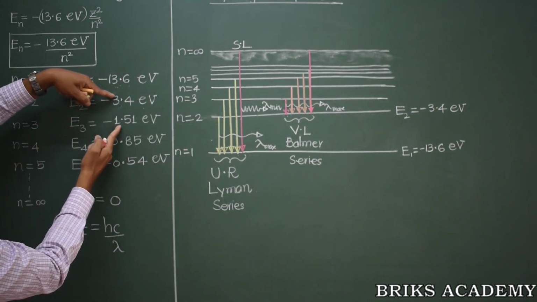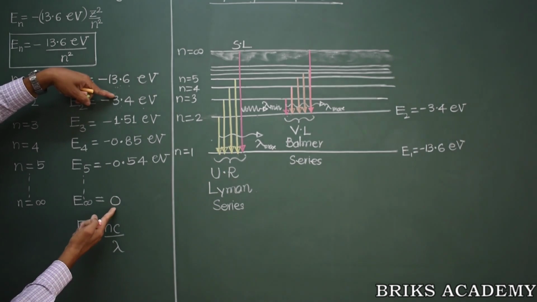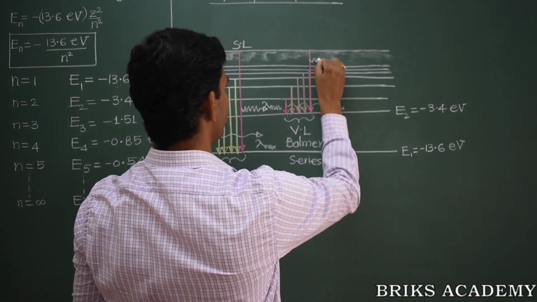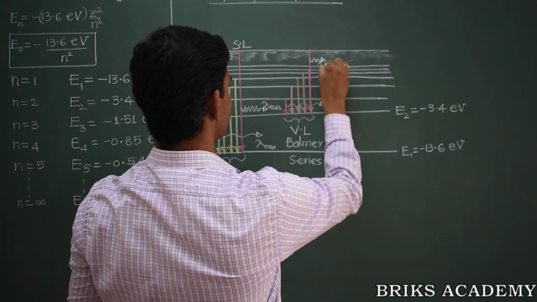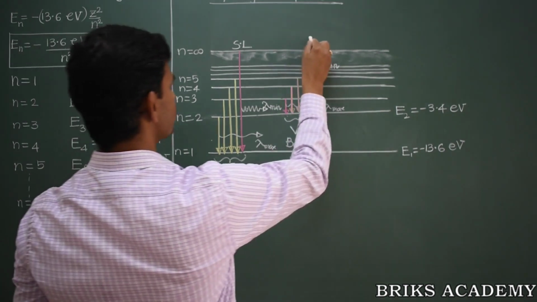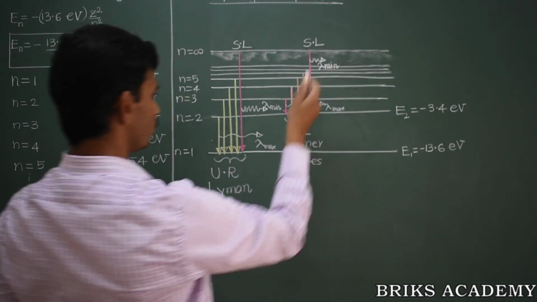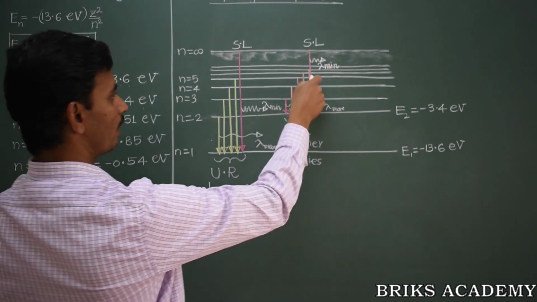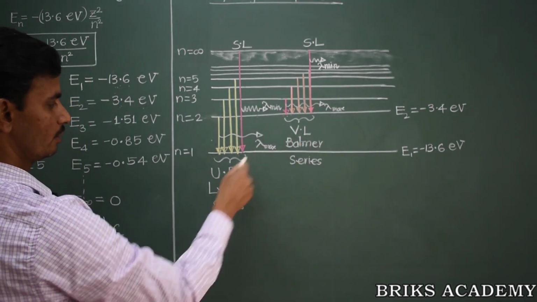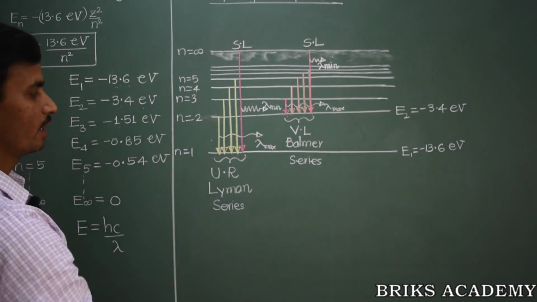So 2 electron volt is smaller, 3.4 electron volt is larger. The larger energy means a smaller wavelength. We call this lambda minimum. Any lambda minimum of a series is again called the series limit. So you have a maximum wavelength and a minimum wavelength for the Balmer series. Balmer series is in visible light. Lyman series is in ultraviolet radiation.